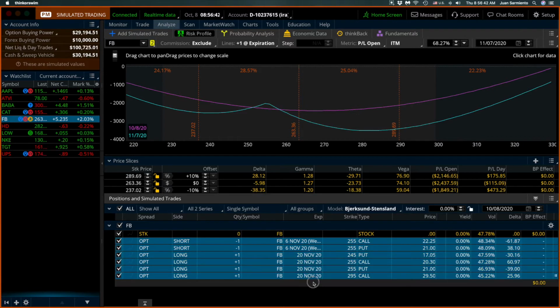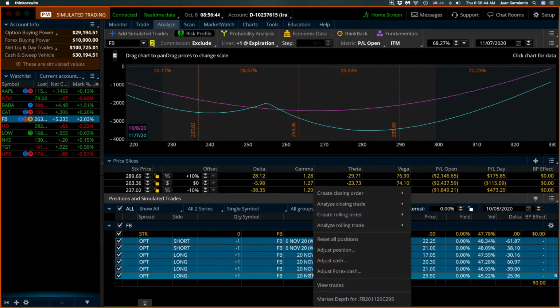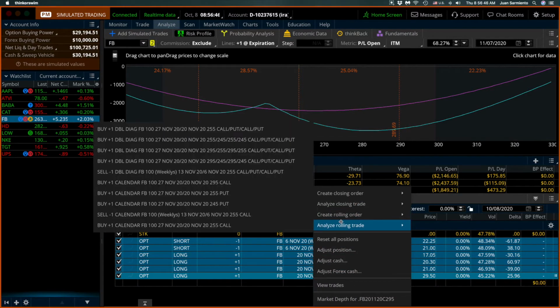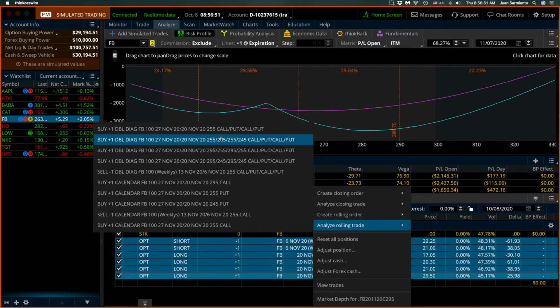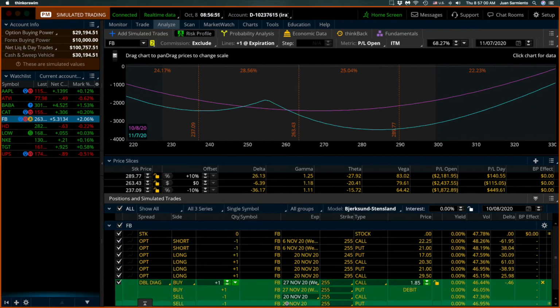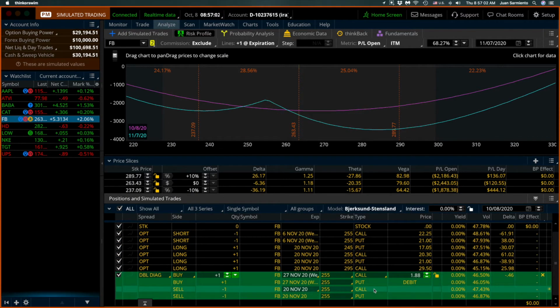Okay, let me just show you here how to do this. Analyze rolling, double diagonal, with all the 255s. There. Okay, no, that's not what I want, but it will serve me to adjust this. We want to close the Novembers by buying them back and selling the November 6th.